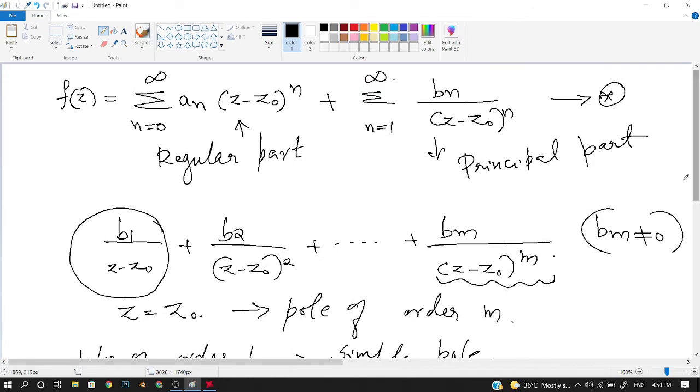So we have three terms here. First one, simple pole. That means here the principal part contains only one term, the highest power of 1 by z minus z naught is 1, that means pole of order 1. Now if the principal part contains an infinite number of terms, then z equal to z naught is called an isolated essential singularity.